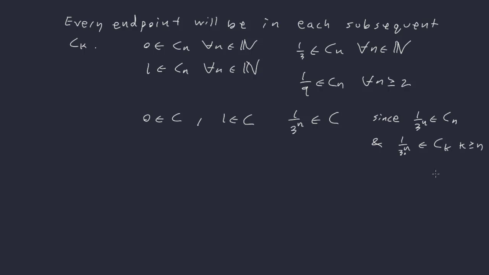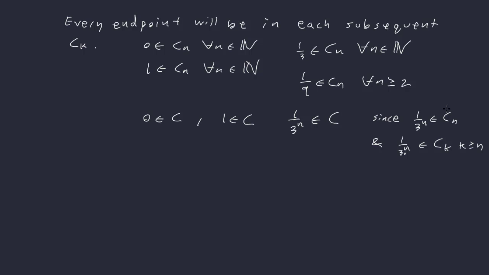So it's in every subsequent Ck or Cn. So that's what I was basically saying here. Basically, every endpoint we create is going to be in every subsequent set we've created in this.